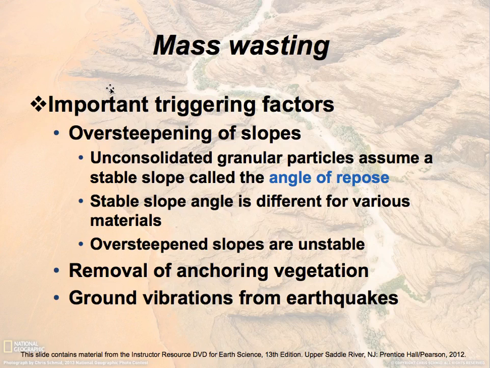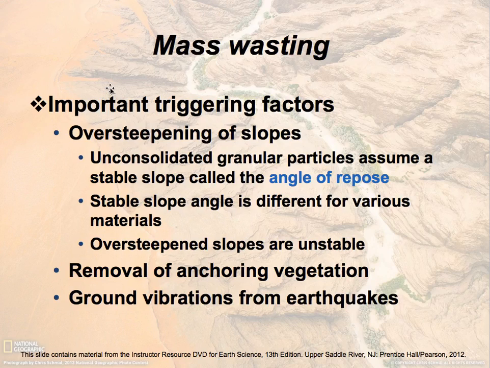So if you were to take a handful of sugar and let it dribble out of your hand into a single pile onto the counter, and look at how conical or how steep the slope of that pile is, and then were to take a handful of M&Ms and do the same test, your pile of M&Ms would probably not form a slope or a hill with as steep sides as that pile of sugar.